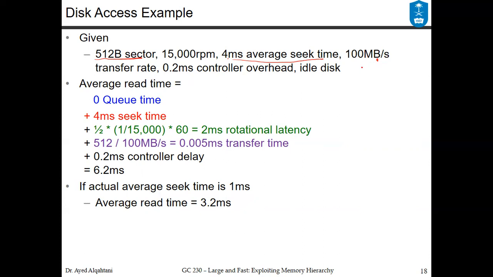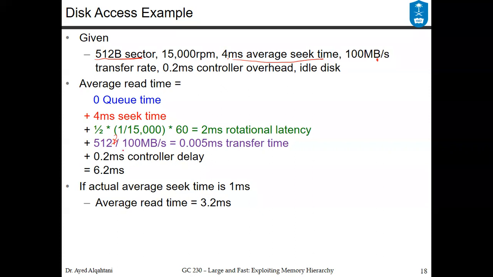Sometimes it's written in bytes or bits, so be careful. And so we can get the transfer time if we divide the 512 by the speed, which is the 100 megabyte per second, and we got the result to be 0.005 millisecond. Notice that these are 512 bytes.